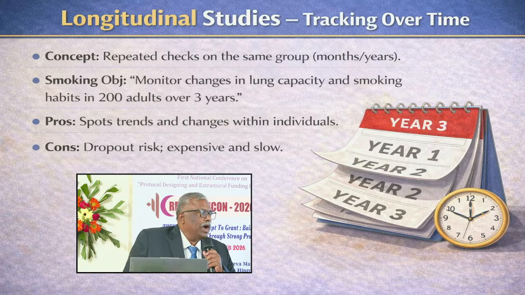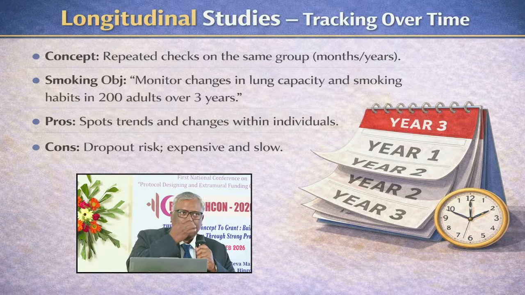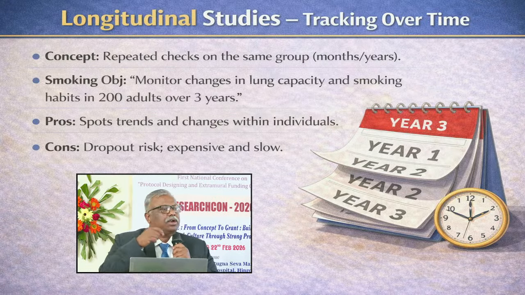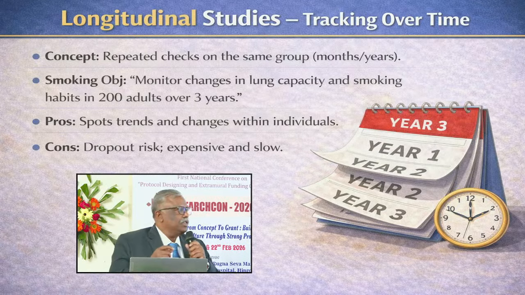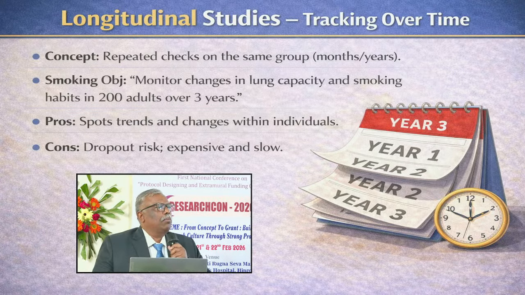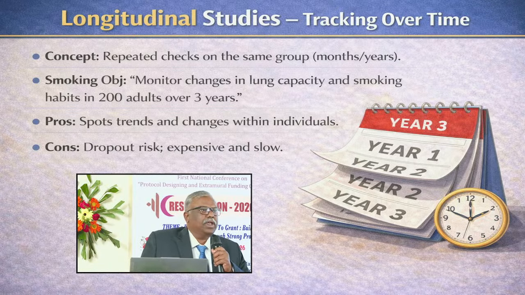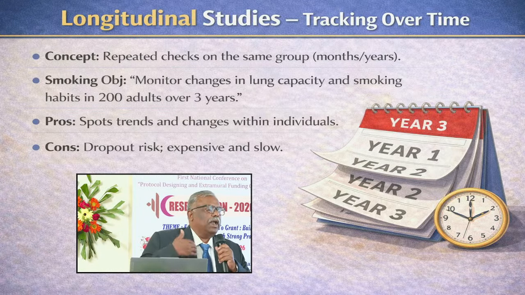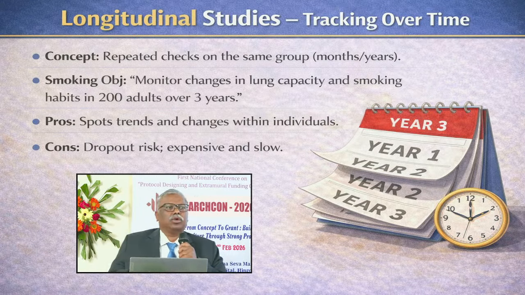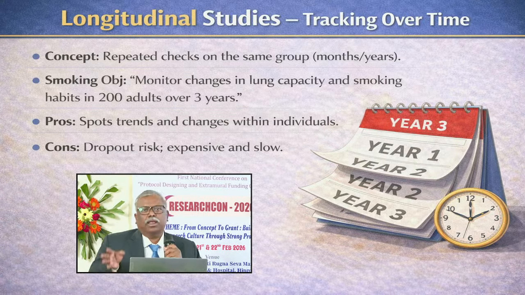What are the advantages of this? If you want to note down the trends, what are the changes within the individuals? But the disadvantage is dropouts, because some patients feel that their lung capacity is very low now, so they quit smoking. So there will be loss to follow-up.